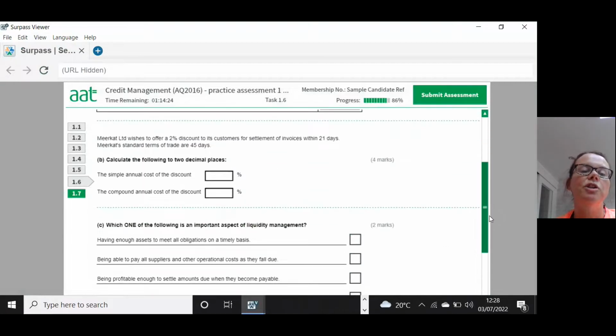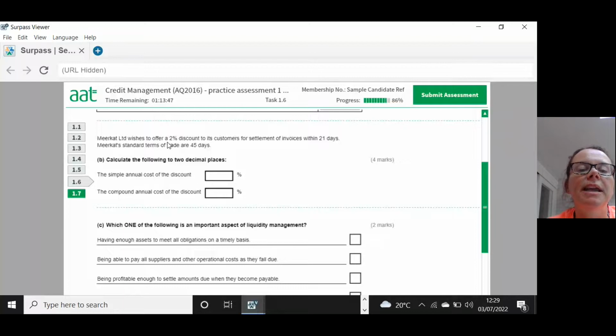Meerkat Limited wishes to offer a 2% discount to its customers for settlement of invoices within 21 days. Meerkat's standard terms are 45 days. Right, here comes the big formula. The simple annual cost of the discount. So that's the formula where it goes D divided by 100 minus D times 365 divided by N minus capital D times 100.